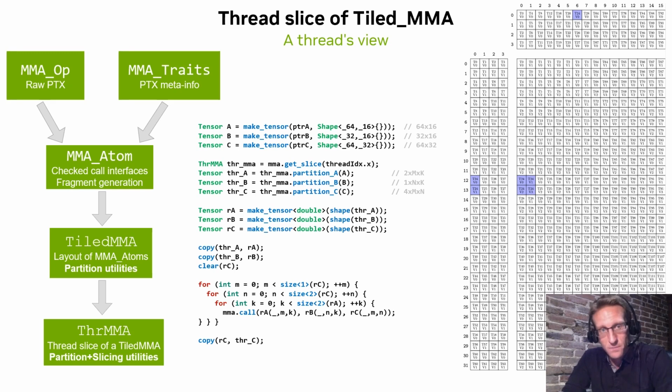Tensors RA, RB, and RC are register tensors that have the same shape as the partitioned views. Then, all that needs to be done is to copy this thread's subtensor of A and B into their register tensors and call the MMA object with a classic 3-loop gemm. When we're done, we can simply copy the registers back to this thread's view of the C tile. And that's a gemm.